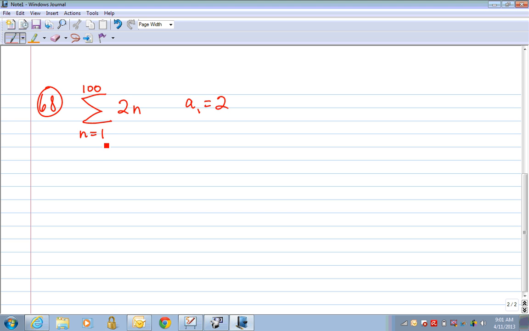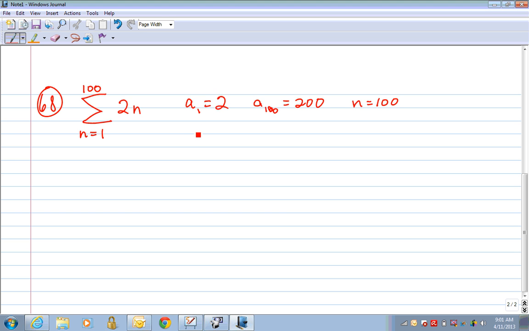They're saying that n starts with 1, so we're having from the first term. And then the last term, which would be a sub 100, would be plugging in 100 for n. 2 times 100 is 200. So the 100th term is 200, and then we already said that we're looking for the first 100 terms, which is that number on top.